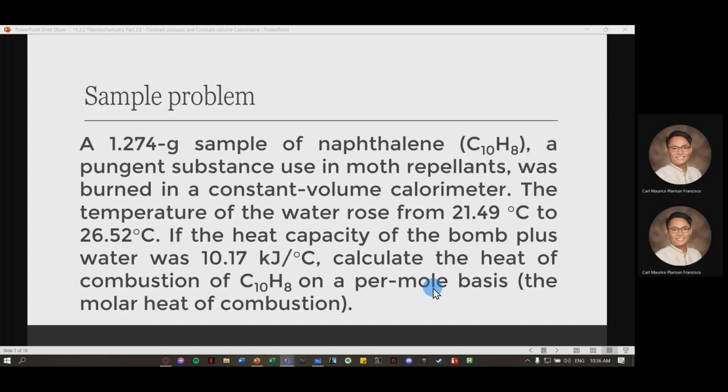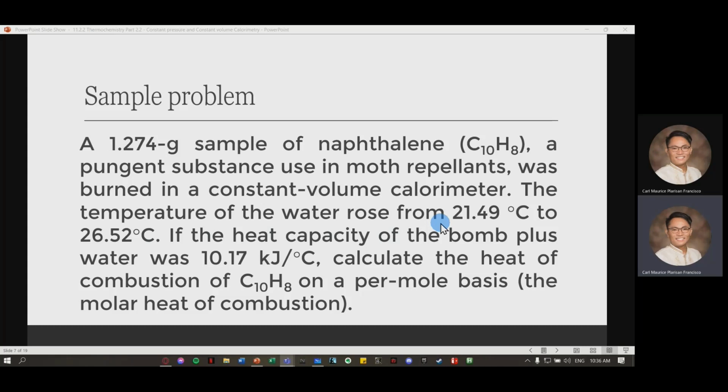Example. A 1.274 gram sample of naphthalene, a pungent substance used in moth repellents, was burned in a constant volume calorimeter. Okay, so meron po tayong 1.274 gram na naphthalene na sinunog sa loob ng constant volume calorimeter. The temperature of the water rose from 21.49 degrees Celsius to 26.52 degrees Celsius.